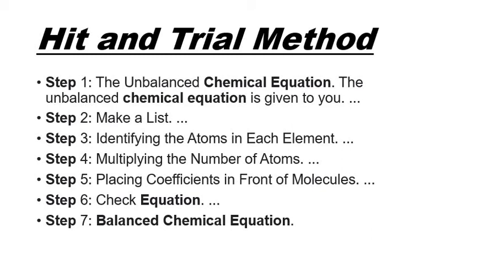Now select the atom which is the largest in number and start multiplying the number of atoms. Then place the coefficient in front of the molecules. After balancing, check the number of atoms on the left hand side and right hand side.